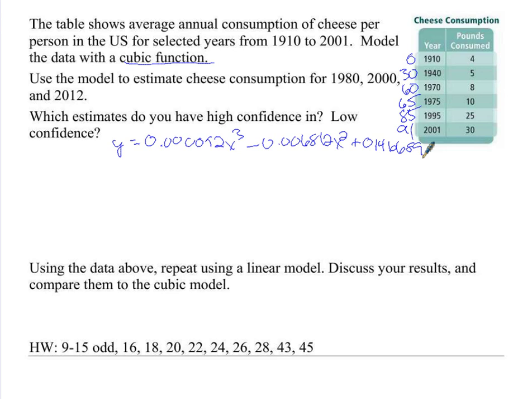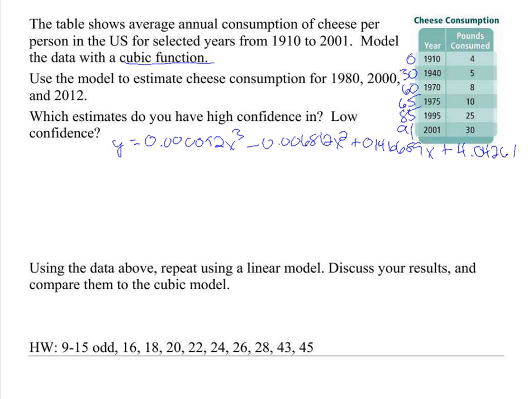I need to move my equation over because I can't see anymore. Nice and long, lots of numbers, but that's the model. So it said model the data with the cubic function. Here's my answer right here.